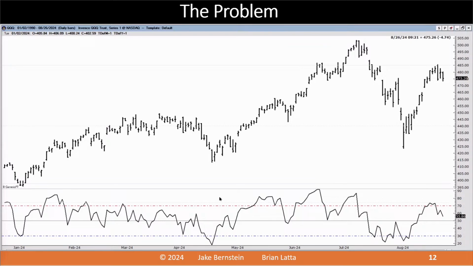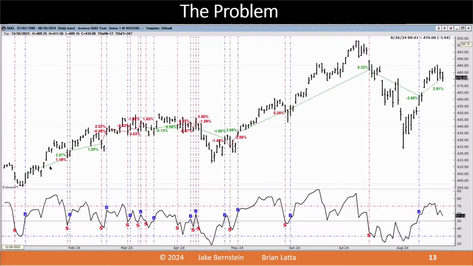So RSI at the bottom here, again, I just popped up another trade result with buy or sell type setups. And again, this was just crossing above or below 50. And go ahead, Jake. Oh, I guess you don't have a comment. So however, again, plenty of trades, just marginally up.